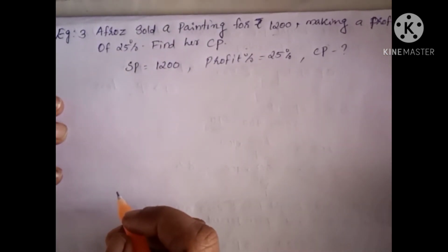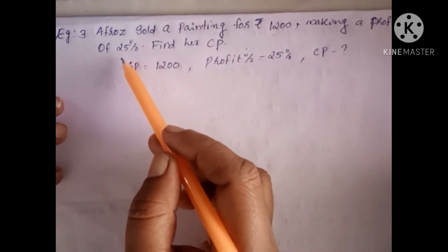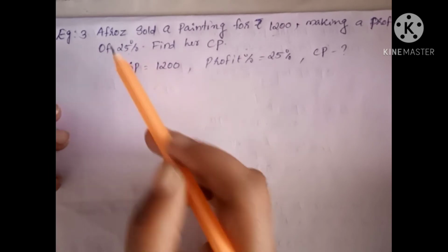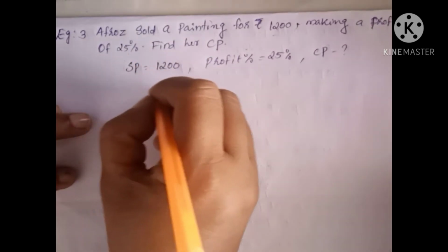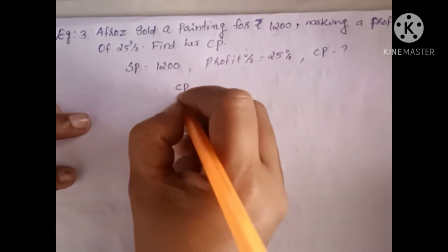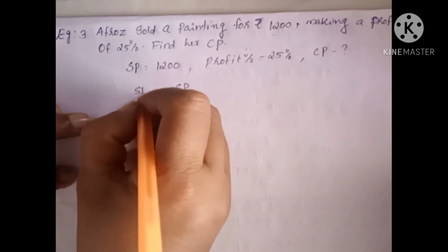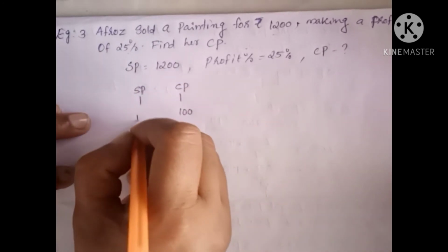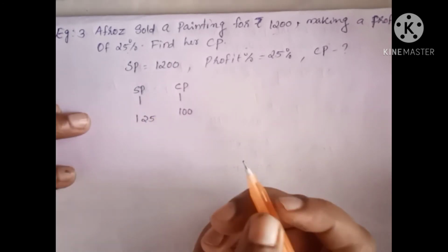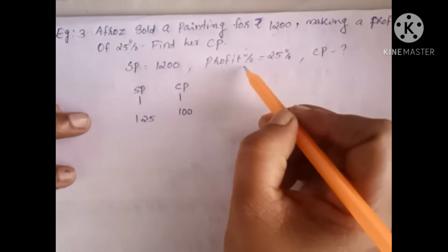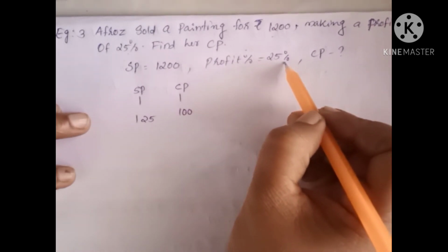Here, if the profit percentage is 25%, we can write: if CP is 100, then SP is 125. How? Because the profit percentage is 25%.